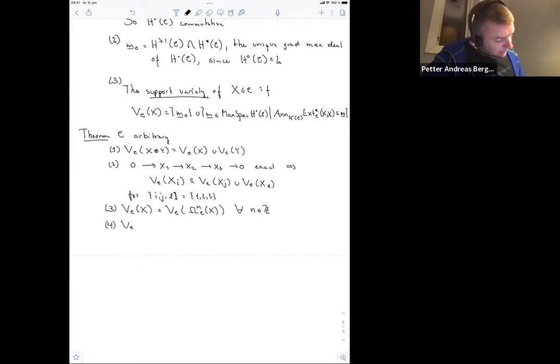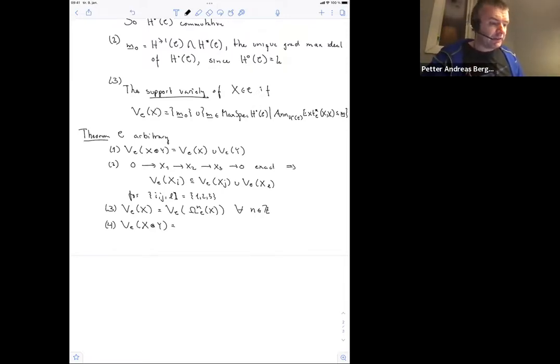What happens if you take the support variety of a tensor product? Well, ideally, you would want this to be the intersection of the support varieties, but this is not at all obvious, and that's going to be the final part of the talk.